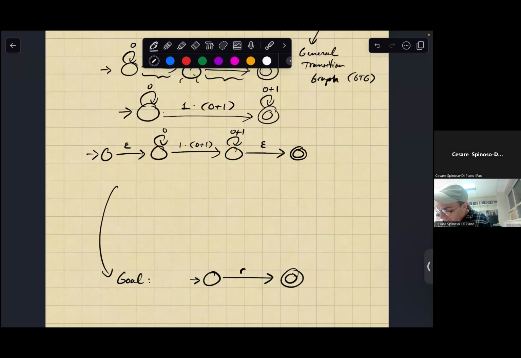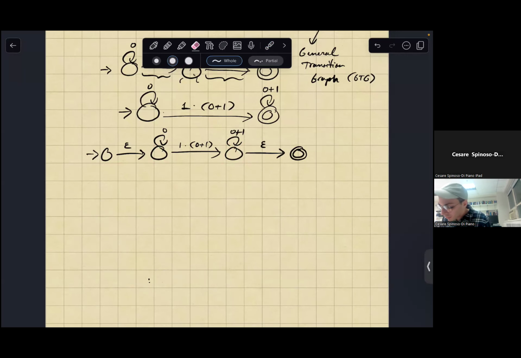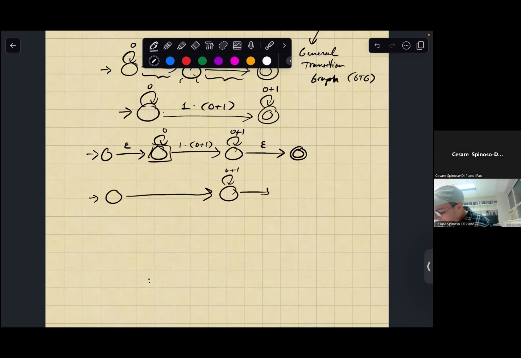So how do I do that? If I rip out this guy, then this becomes, using the same kind of principle as before, epsilon, concatenate.